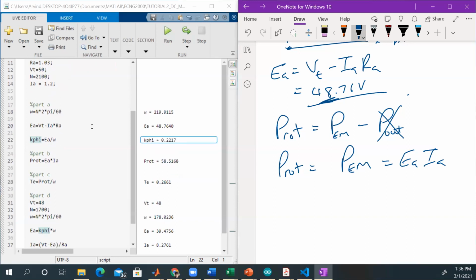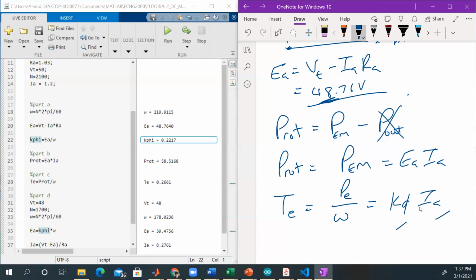Or we could use, if we want, the electromagnetic power over the speed. And we have the speed, so we could do any one of those. So we could say T E is equal to P E on omega, or it is equal to K phi by IA. So we could work out any one of these.